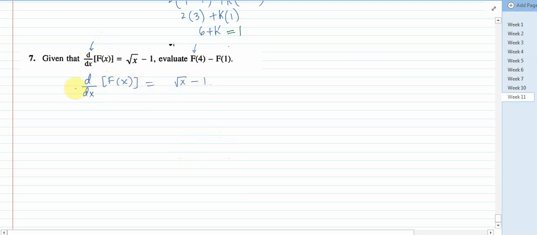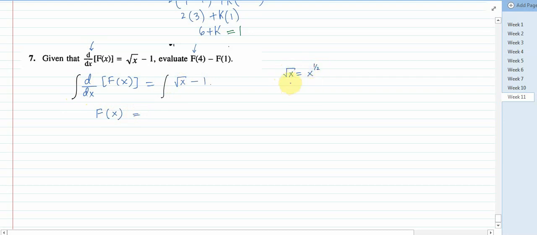We need to eliminate the sign of differentiation here, and the reciprocal function of differentiation is integration, so I need to apply integration on both sides. This part cancels the effect of d by dx, so I am left with f of x only, which we are looking for, is equal to, when you integrate this function, under root x is basically x to the power 1 upon 2, right?